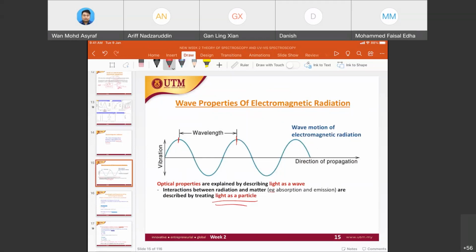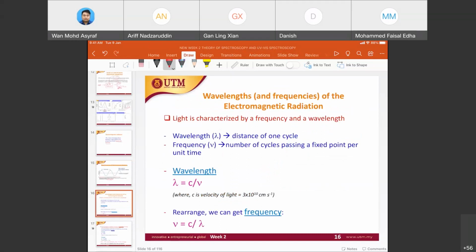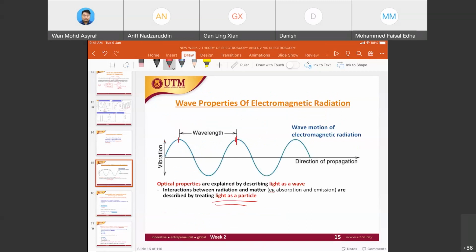Okay, alright, so wavelength and frequency of electromagnetic radiation. The wave we looked at earlier: the wavelength is the distance of one cycle. From the top here to the top here is one cycle, so we call it one wavelength.